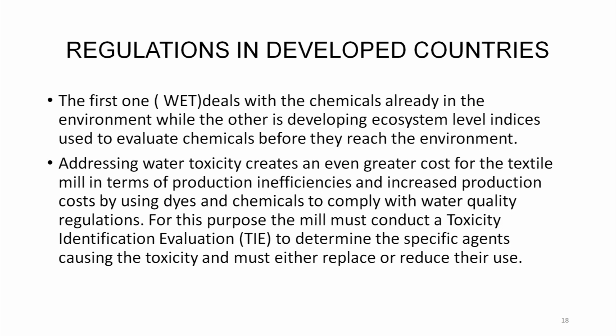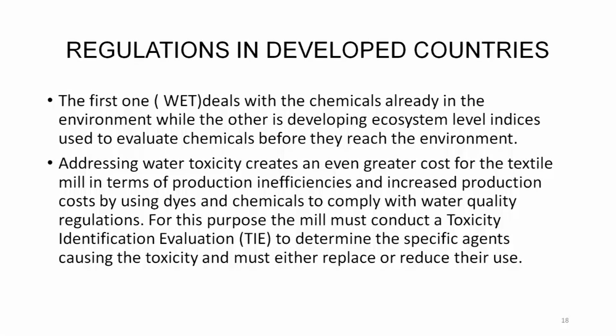So, now the rules have become very stringent. If they are using any kind of dyes and pigments and other organic auxiliaries in their processes, the manufacturers are made responsible to see that these are mitigated properly.